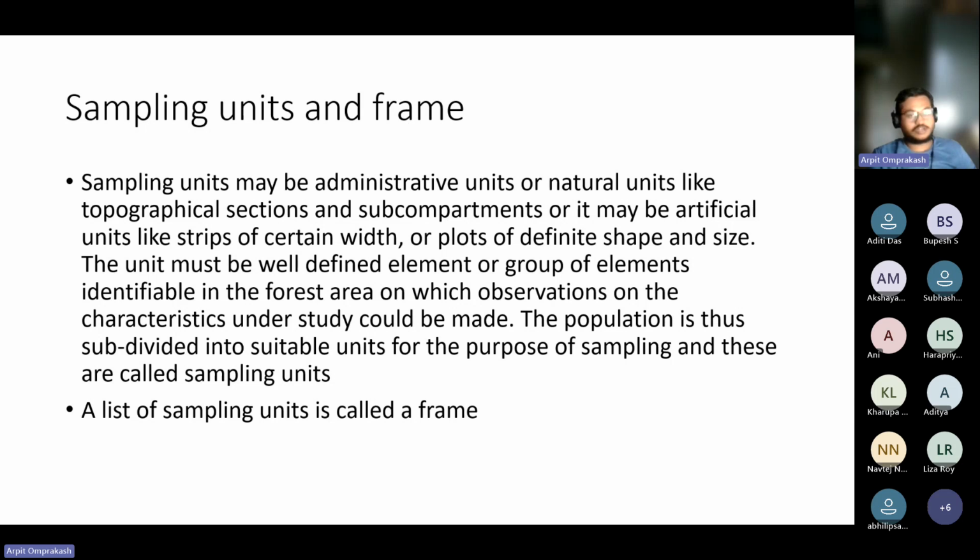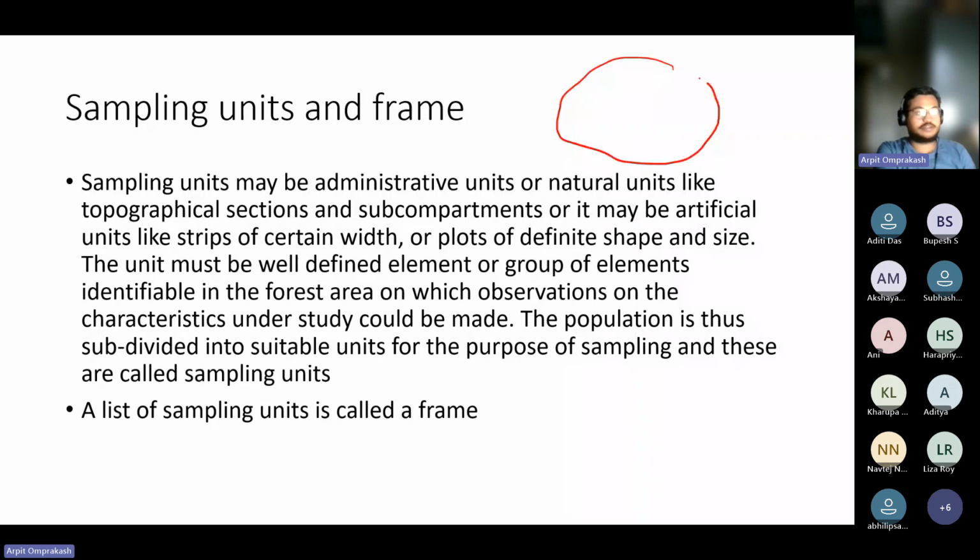It can also be plots of definite shape and size. So basically, a whole area is divided into small units called sampling units for the purpose of sampling.